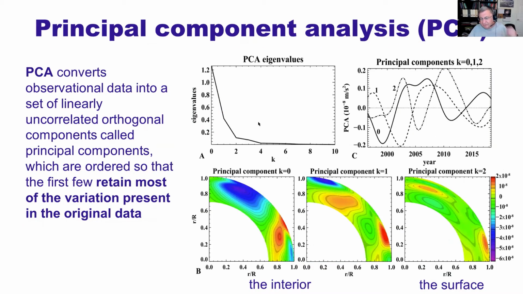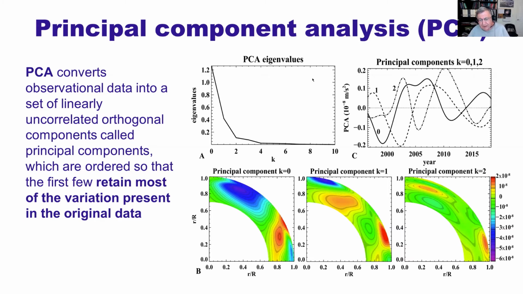For some further analysis, some methodology here, we had to apply principal component analysis to trace the dynamo waves to the bottom of the convection zone. This is because the data is very noisy and also had a systematic error.